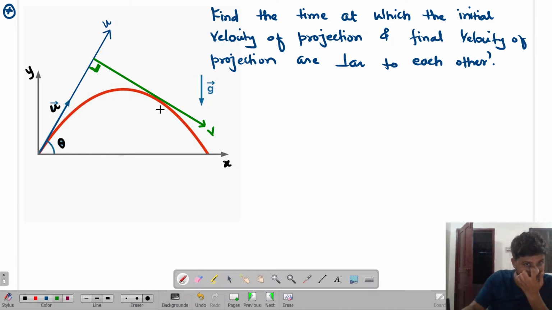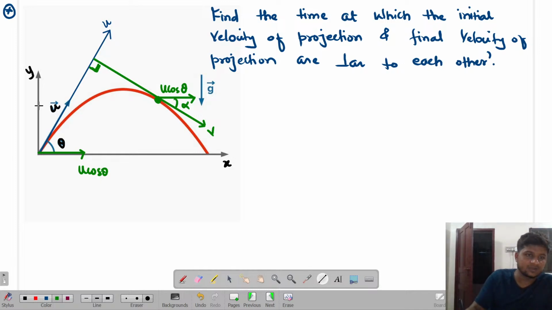What you are saying, I do not know, but this is the real diagram. Now, this is the final velocity of the particle. But one thing I know, that in this final velocity also, horizontal component is still the same. If it is projected with u, then this horizontal velocity is u cos theta. So here also it is u cos theta only. But this angle will change. Let's suppose the angle made with the horizontal is alpha.